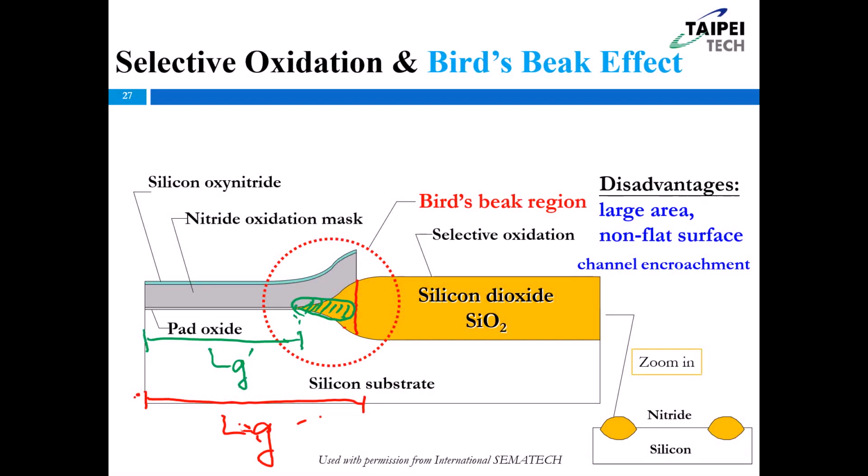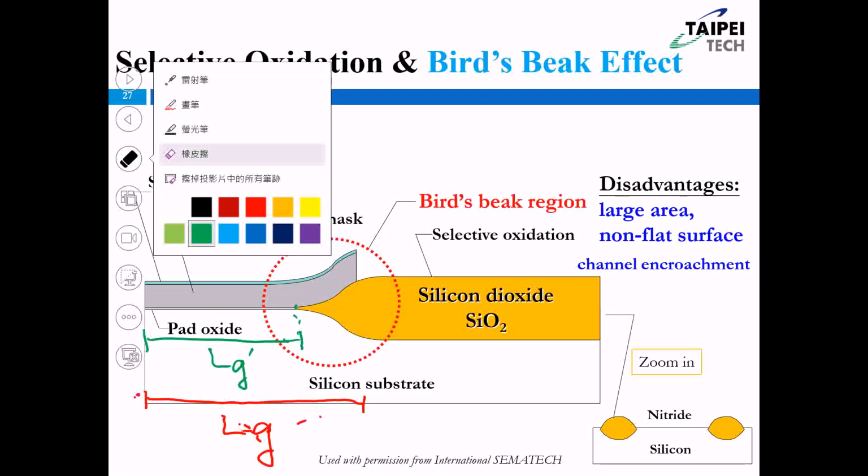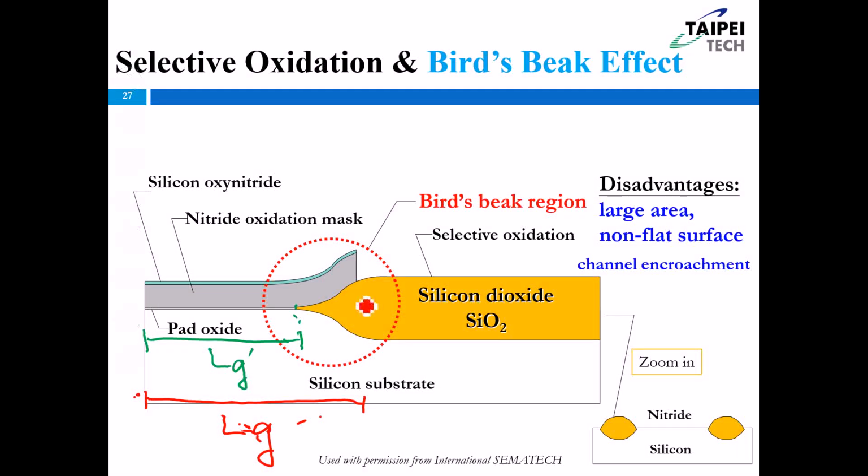Okay, and this region we call the bird's beak. Do you know why? You can draw it by yourself. If you have the eyebrow here, and here is like a bird's beak, right? 很像鸟的嘴巴, okay?